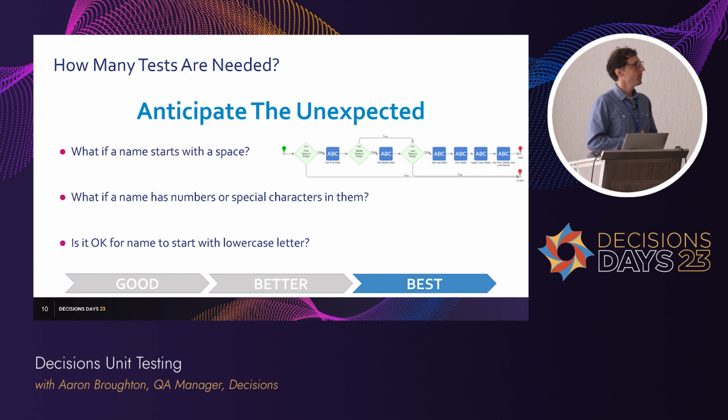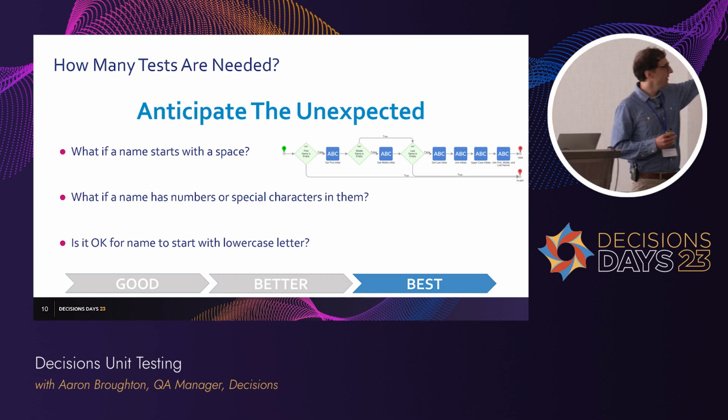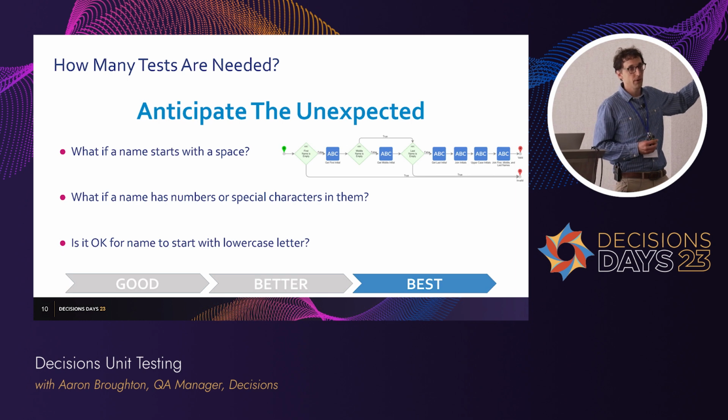Now, what I want you to realize is that these questions, and these are not all the questions you should ask, these are just examples. There's probably 100 questions that you could ask about this flow.